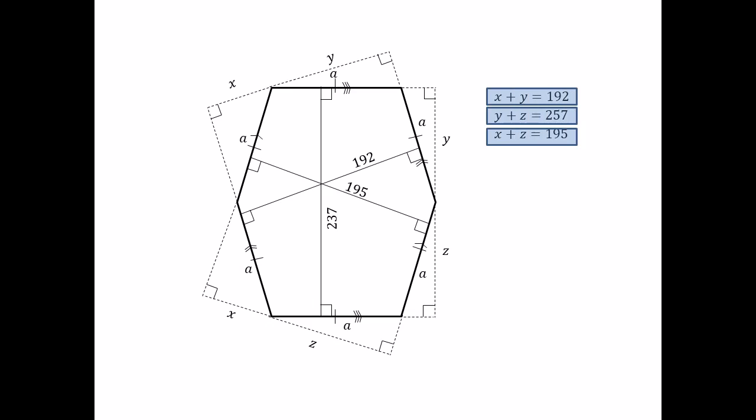Okay, now we have the three equations here, and by solving them we find the value of X is equal to 75, Y is equal to 117, and Z is equal to 120.